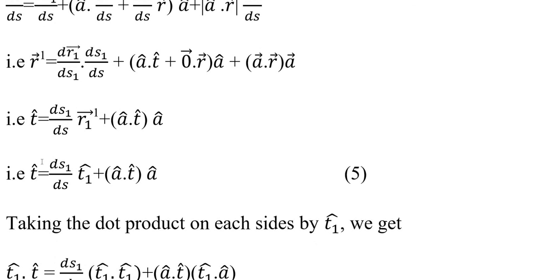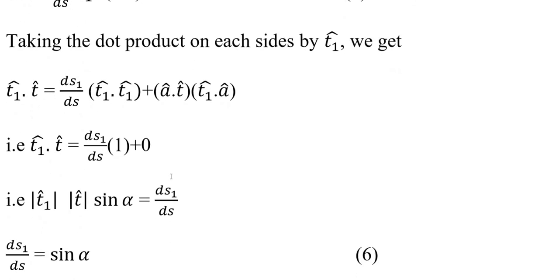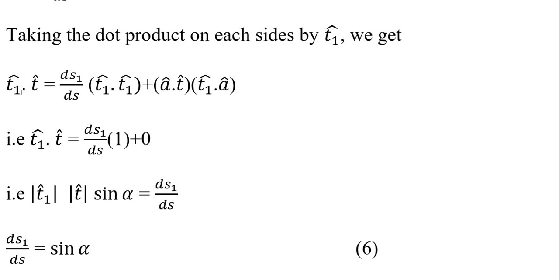Therefore we write t cap equal to ds1 by ds into t1 cap plus A dot t into A cap. Taking the dot product on each side by t1 cap, we get t1 dot t equal to ds1 by ds into t1 dot t1 plus A dot t into t1 dot A. The second term is 0, only the first term remains and equals 1. So t1 cap dot t cap equal to ds1 by ds.